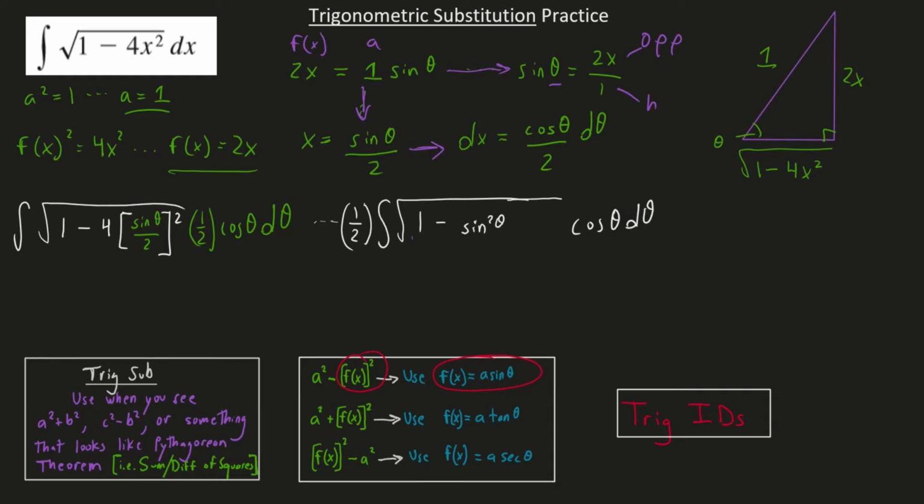I instantly recognize this as one of those trig identities. I know that this is just cosine squared of theta, so I'll write that. Of course, the radical of cosine squared of theta is just cosine of theta, and then cosine of theta times another cosine of theta is just back to cosine squared of theta. So my algebra basically reduces me down to this integral.